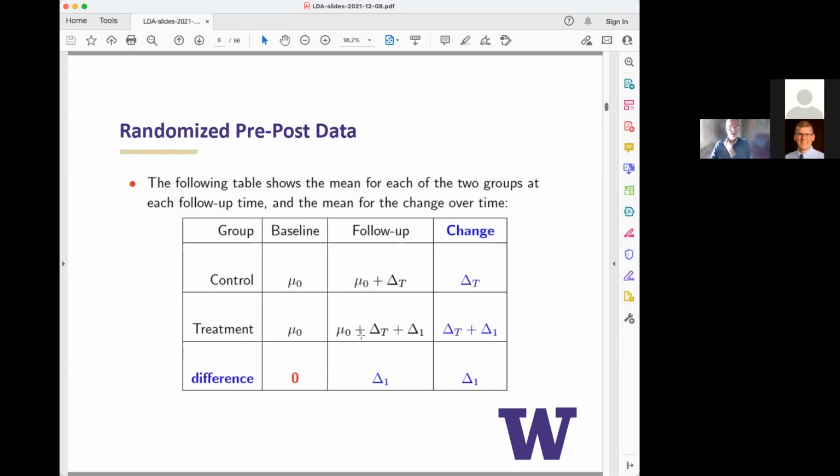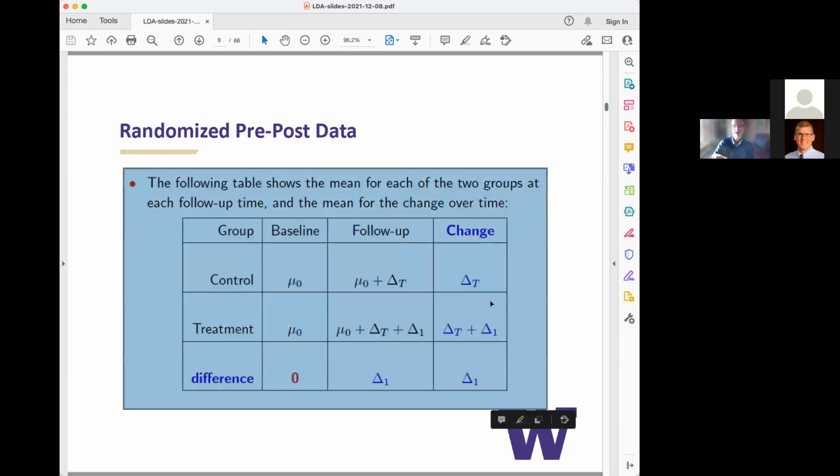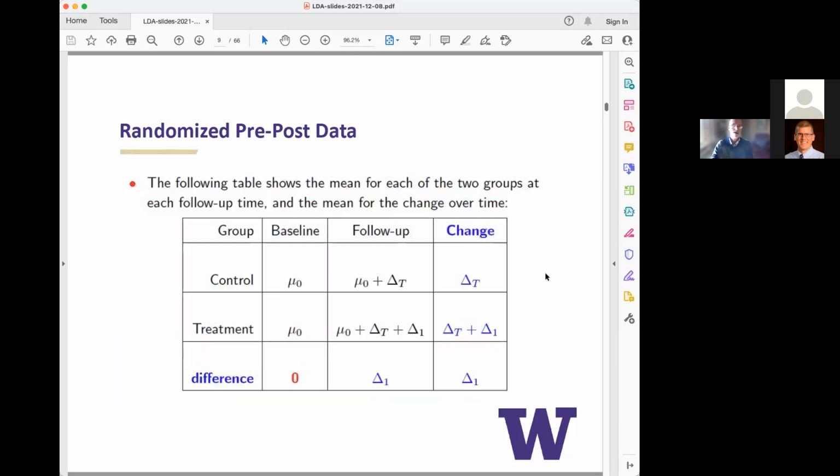We can write that as the treatment group would have its baseline mean, the common baseline mean, plus the time effect that was in the follow-up group, plus an extra amount of change that I would blame on being in the treatment group, here listed as delta 1. So again, in the row, I could say what's the overall amount of change in the treatment group: the time change plus what we're attributing to treatment, delta t, plus delta 1.